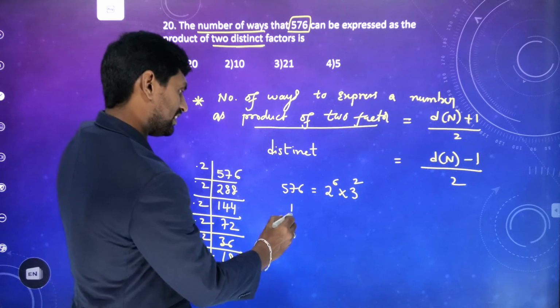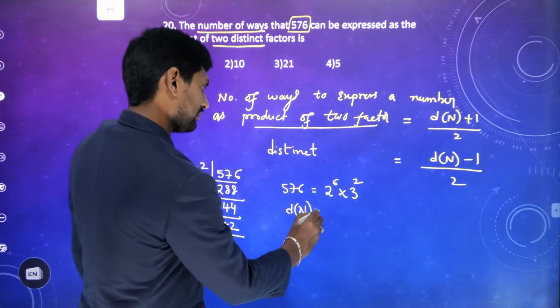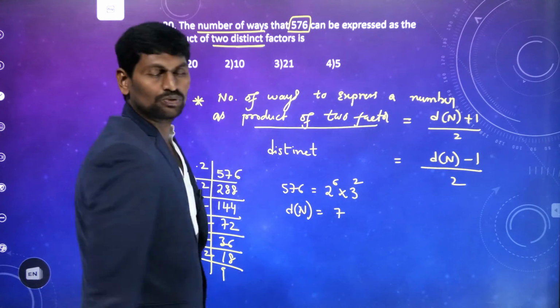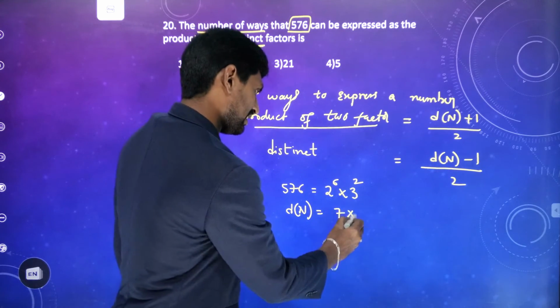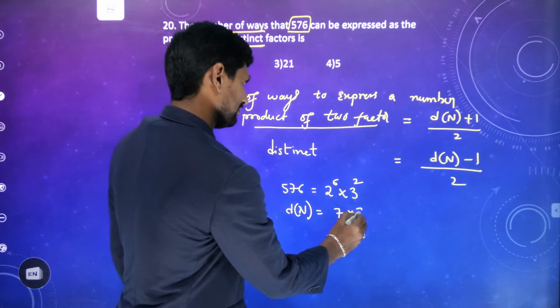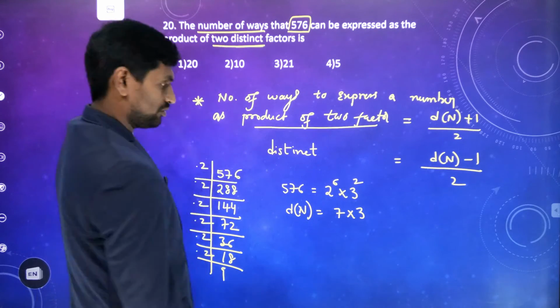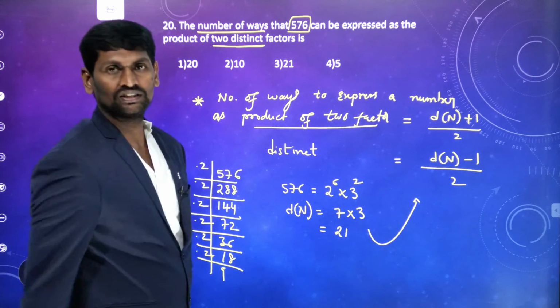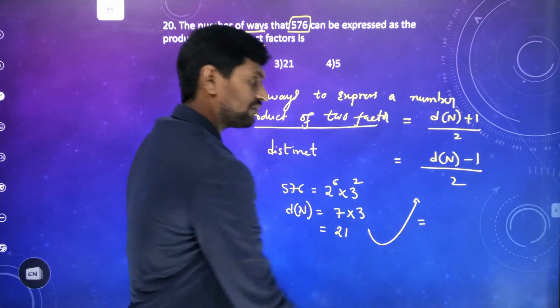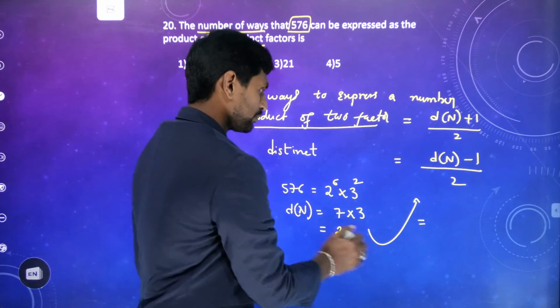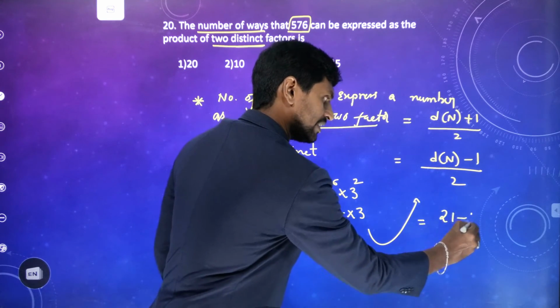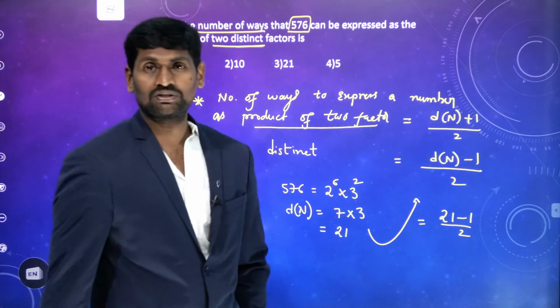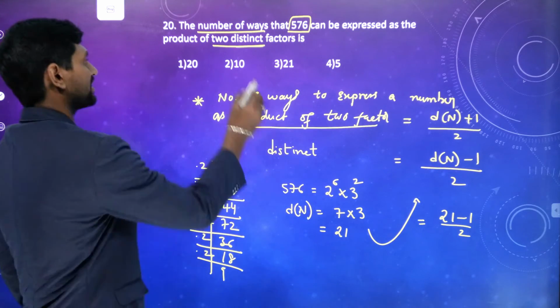So the number of divisors: 6 plus 1 is 7 and 2 plus 1 is 3, so the total is 21. Substitute in this formula for the number of distinct factors. The number of factors is 21, so 21 minus 1 by 2. 21 minus 1 is 20, and 20 by 2 is 10.